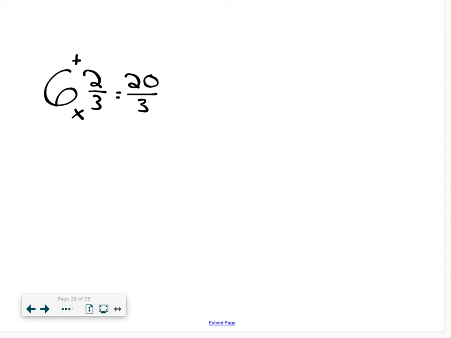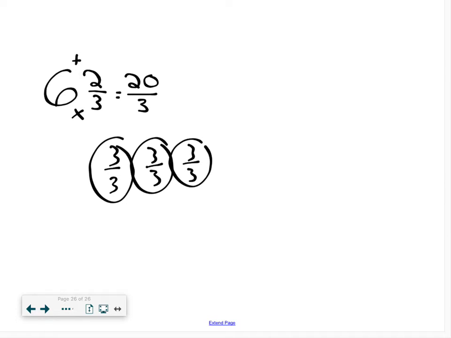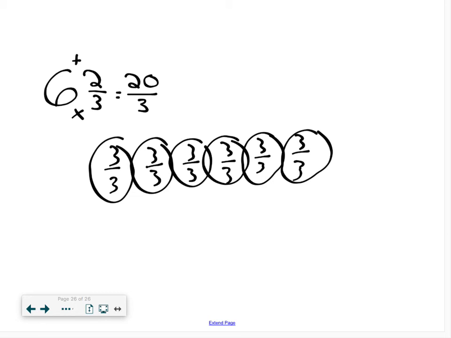If I want to check and really prove it, all I have to do is pull out 3/3. There's one whole pizza. There's 2, 3, 4, 5. There's my 6 wholes, and now I need 2/3 extra, and then I add it together. 3, 6, 9, 12, 15, 18, 19, 20, and I get 20/3.